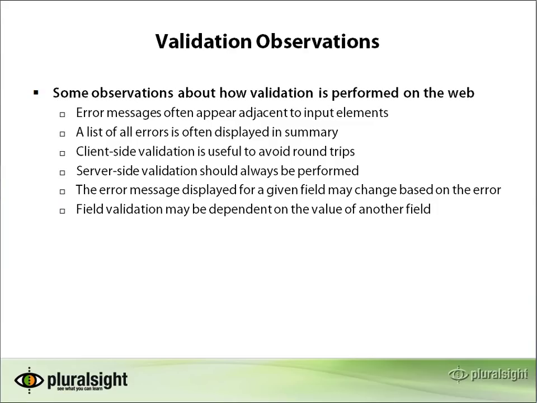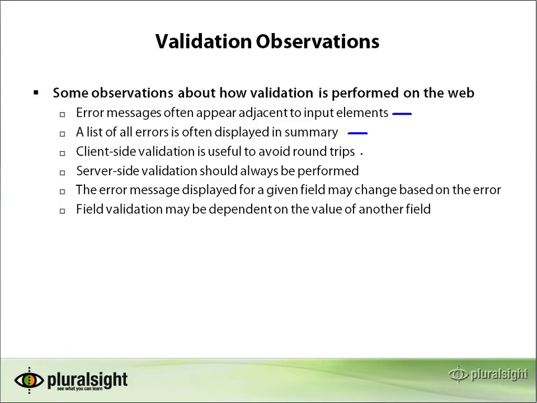So what have we learned in our quick tour of validation in web applications so far? First of all, error messages often appear adjacent to the input elements that are causing the problem, so that's a useful feature to keep in mind. It's nice to have a list of all the errors on the page somewhere so that the user can easily identify what the problems are and then work to address them.